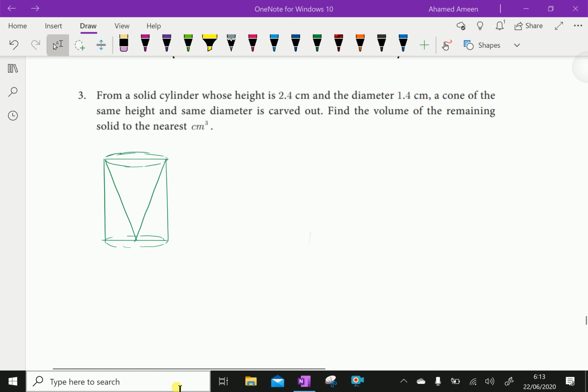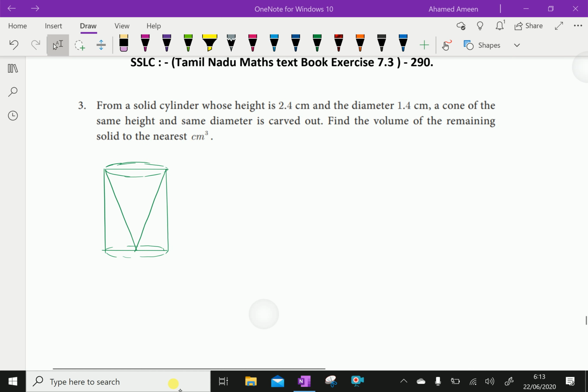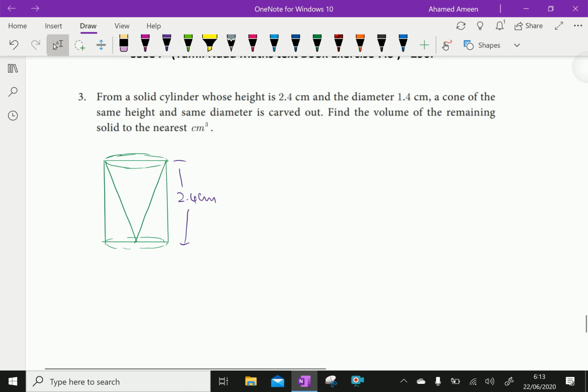Here, a cylinder of height 2.4 centimeter and the diameter is 1.4 centimeter. Now here a cone of same radius with same height is carved out.